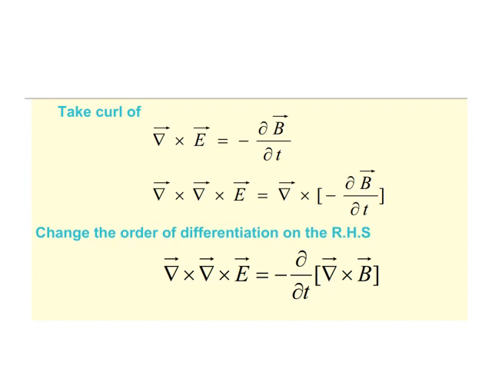Why do we go for the curl? Once you have del in an equation, which stands for the change of the fields, it is a first order equation. By taking the curl once again, it becomes a second order equation.